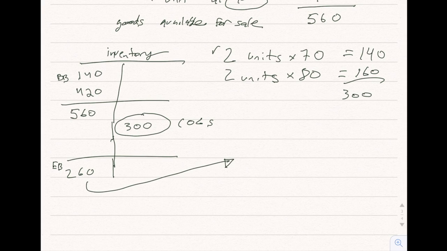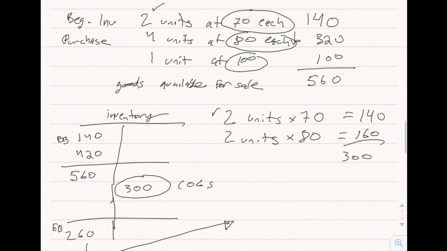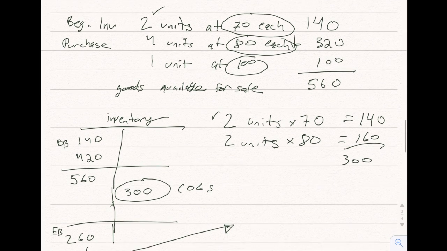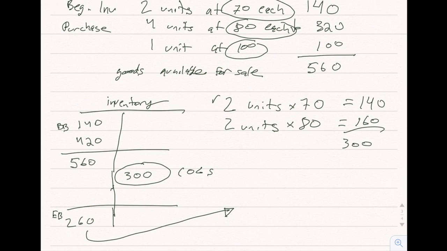So what is this 260 composed of? We started with, I'm just going to look at just the units. So we had 2 units, plus 4 is 6, plus 1 is 7, right? So we had 7 units. My gosh, sorry about the handwriting. 7 units. That did not fix it.